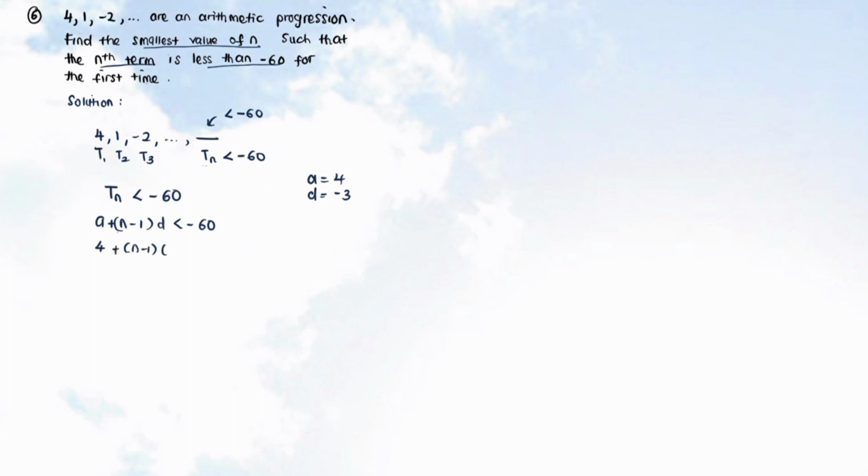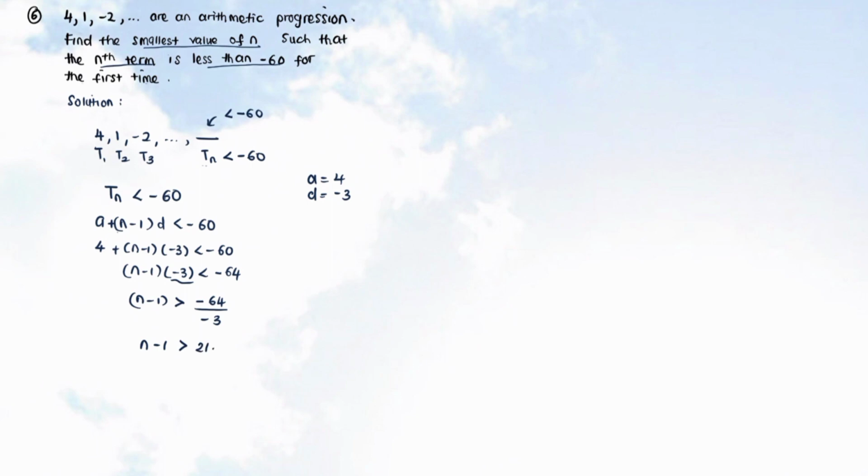4 plus (n minus 1)(negative 3) less than negative 60. (n minus 1)(negative 3) less than negative 64. Then you see here negative 3. So when we move it to the right hand side, the symbol is changed. You see?